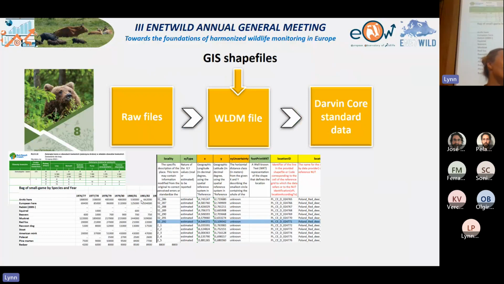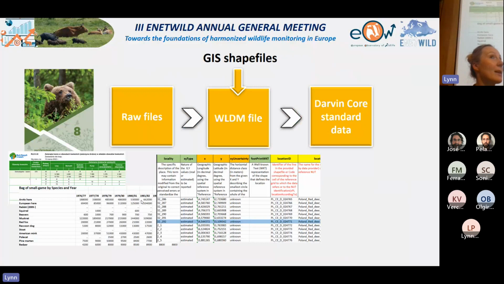Then, based on our cooperation in ENETWILD, we managed to first develop the standards for how this raw data should be processed. So first, the wild boar data models and the data management Excel files were developed.